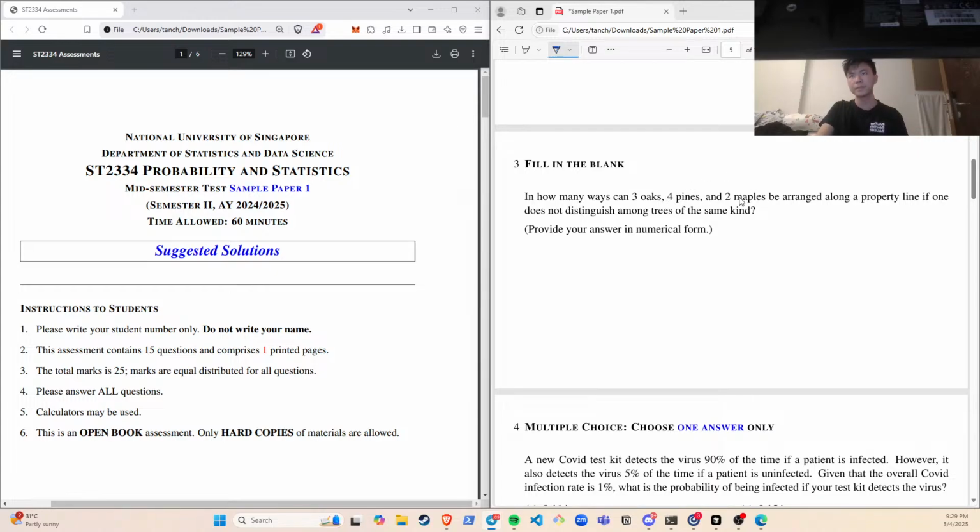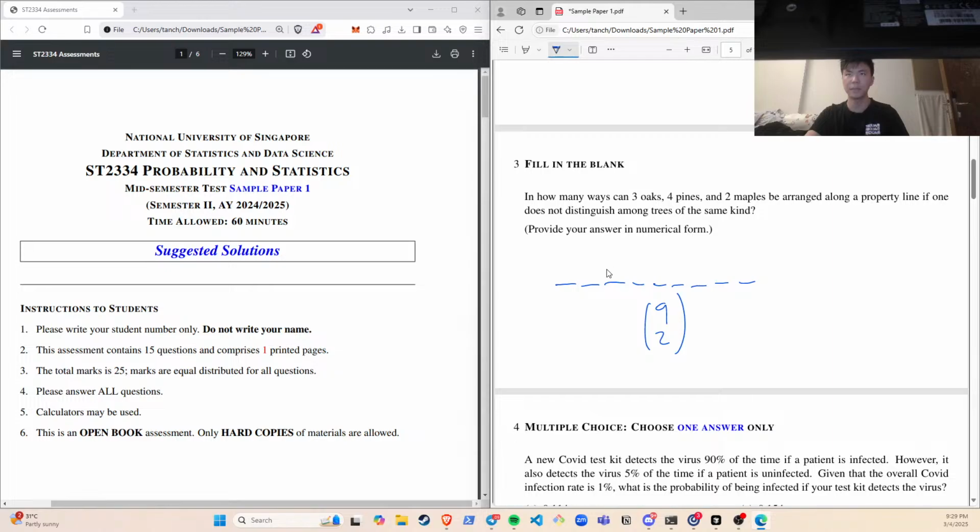Since there's 2 plus 3 plus 4, nine slots. I can first choose nine choose two options of putting the maples, the two maples in nine places.